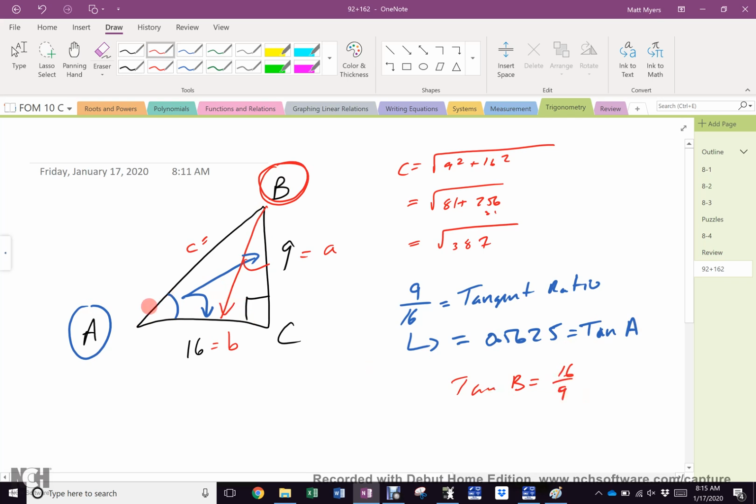Now, if I change this angle, I'm going to change the length of one of these sides, which means the ratio and the decimal will change as well. That's where we sat yesterday.